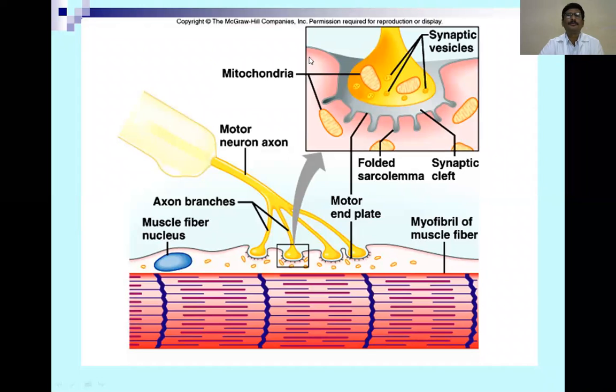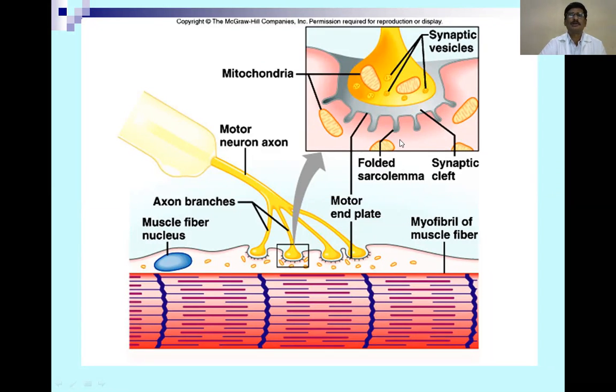Now, even the somewhat invaginated or thickened motor end plate undergoes further structural specialization, crowned into so many foldings. These are called subneural clefts, or some people call them palisades. Subneural clefts are the many invaginations produced from the motor end plate. These are the areas where you will find more acetylcholine receptors.